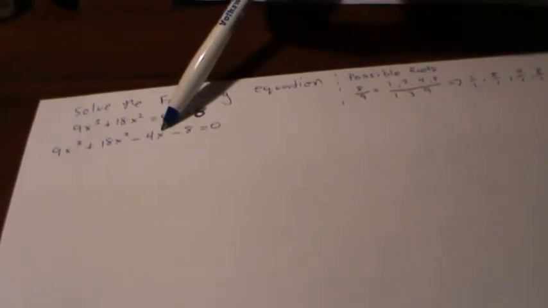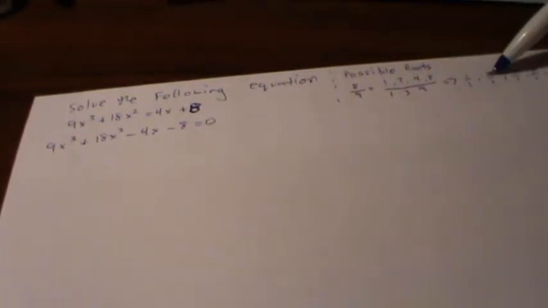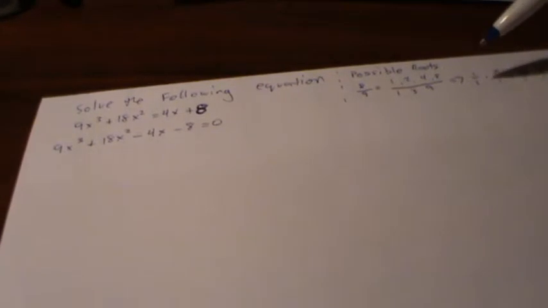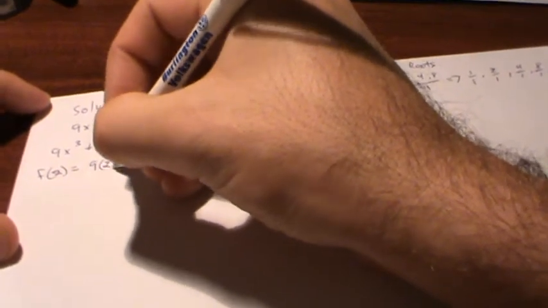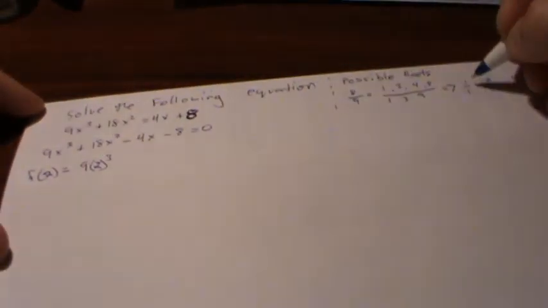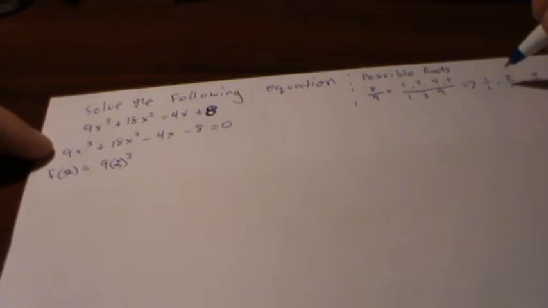If I plug in a negative 1, it does not look like that will equal 0. Let me try a 2. Remember, I'm just plugging in f of 2, right? So 9 times 2 to the third. I canceled out the 1s just by looking at it.